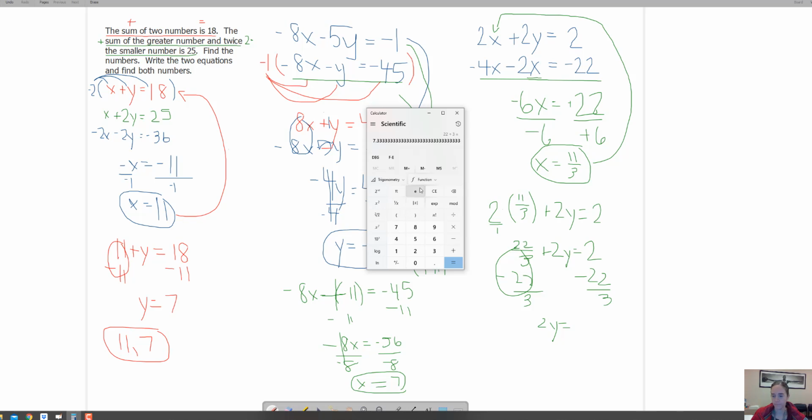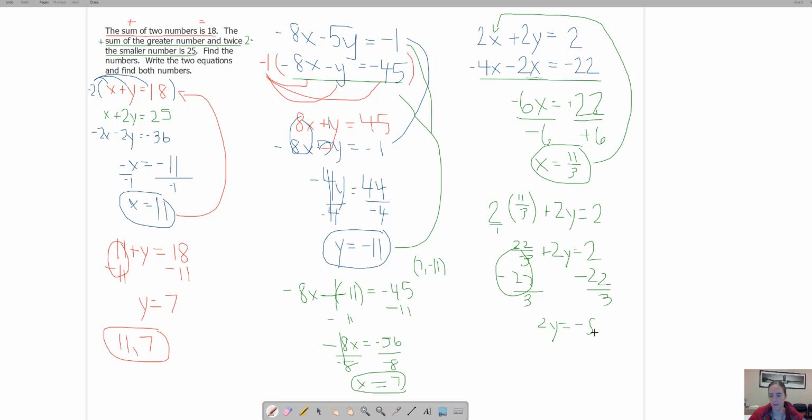Okay, and so I have to subtract that number from 2. So I'm going to say 2 minus 7.33333333. Okay, so then I get that number. So I'm going to do negative 5.3 repeating forever. Or I could just do the one, the line over it.